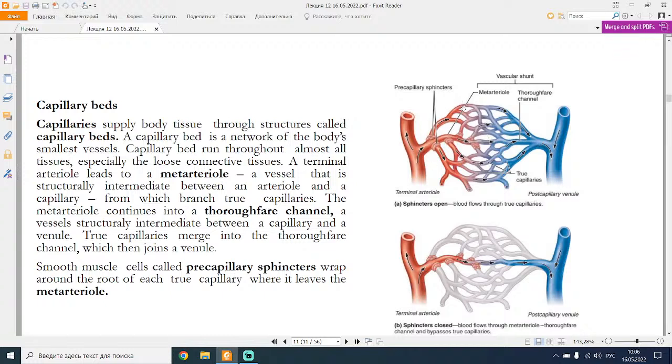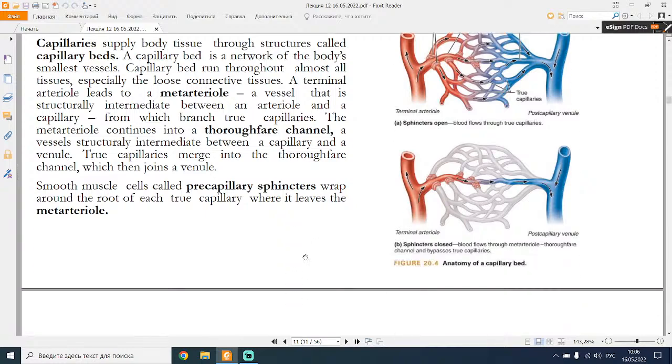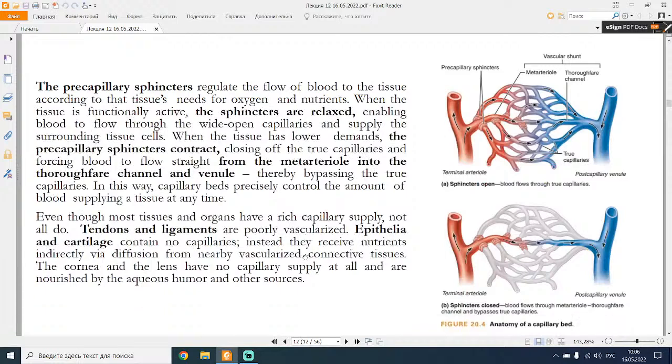This is the capillary bed. This is the sphincter open.